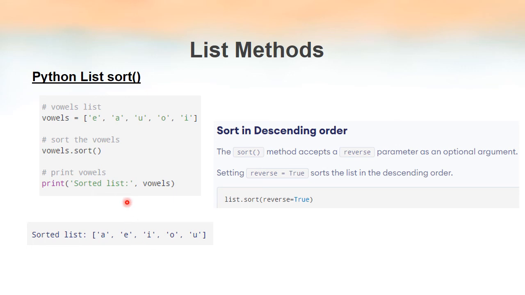What if we want to sort the list in the reverse order? In that case we have to call the method like this: list.sort reverse equal to true. In that case the list will be sorted in the reverse order. That means if the method was called like this, then the output would have been UOIEA.